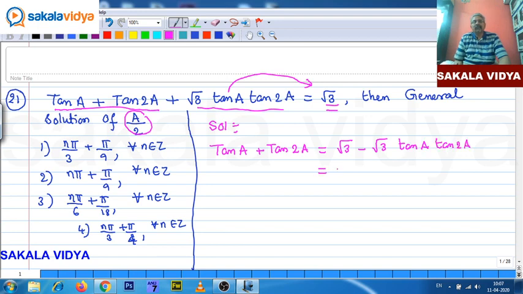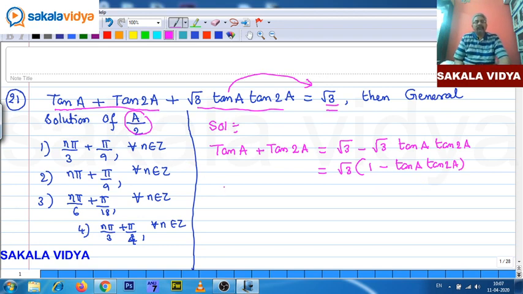Now let us take root 3 common: 1 minus tan A tan 2A. Now bring 1 minus tan A tan 2A to this side.